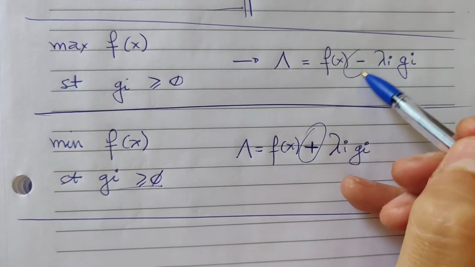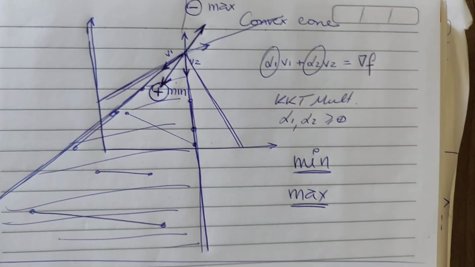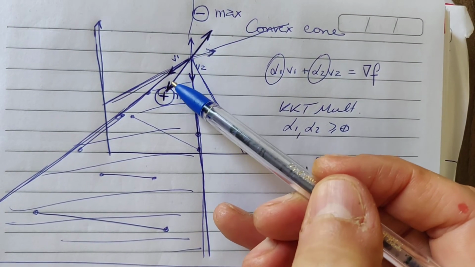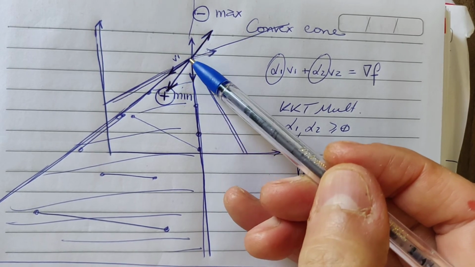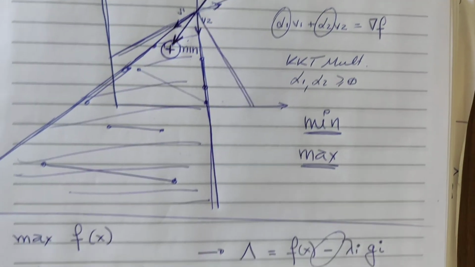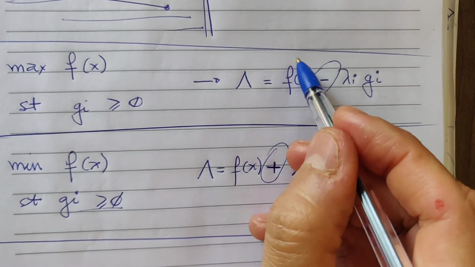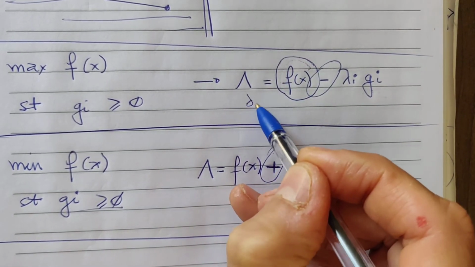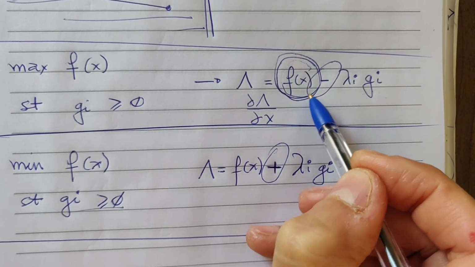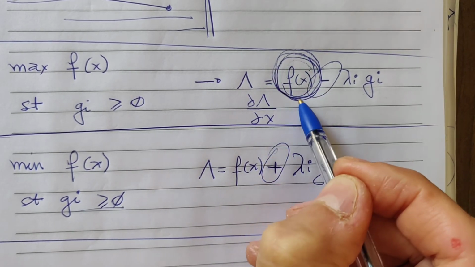The reason we use those signs is exactly to keep the gradient vector of our objective function inside the convex cone. If you look at this, you can probably see it like this. When I find the derivative of the Lagrangian in terms of x, this gradient will be on the opposite side, on the reflected side of my convex cone.